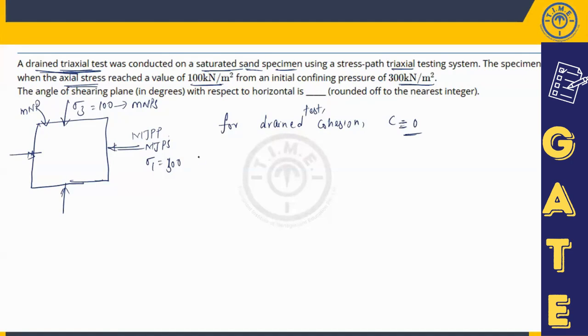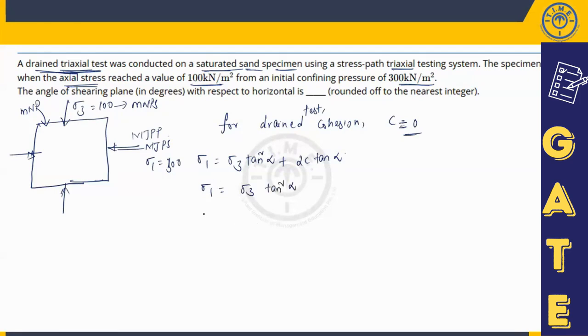The plastic equilibrium condition is sigma 1 equal to sigma 3 tan square alpha plus 2c tan alpha. We know for a drained test c equals 0. Therefore sigma 1 is equal to sigma 3 tan square alpha.